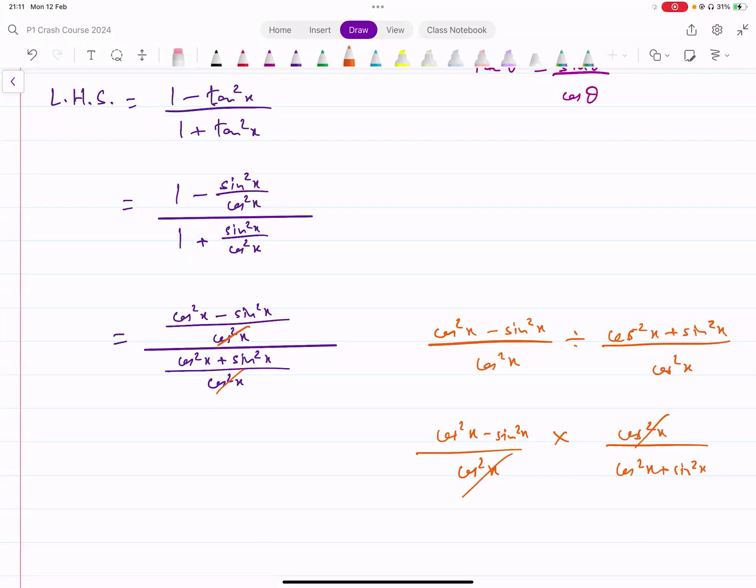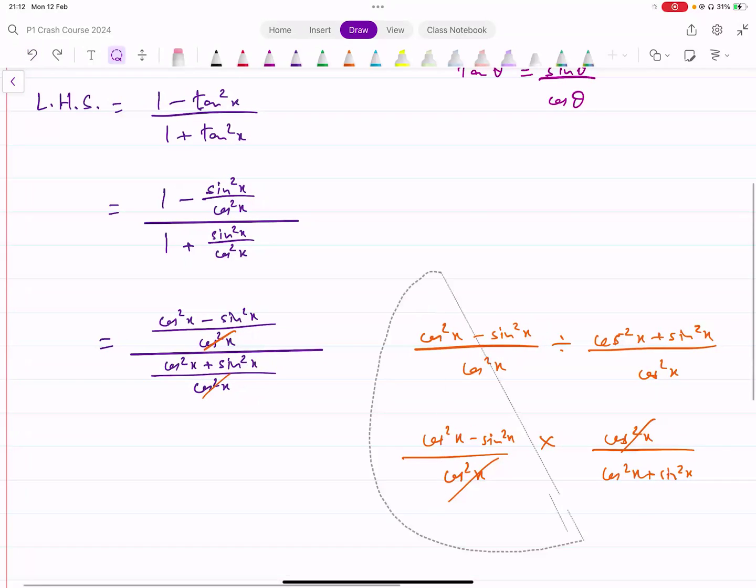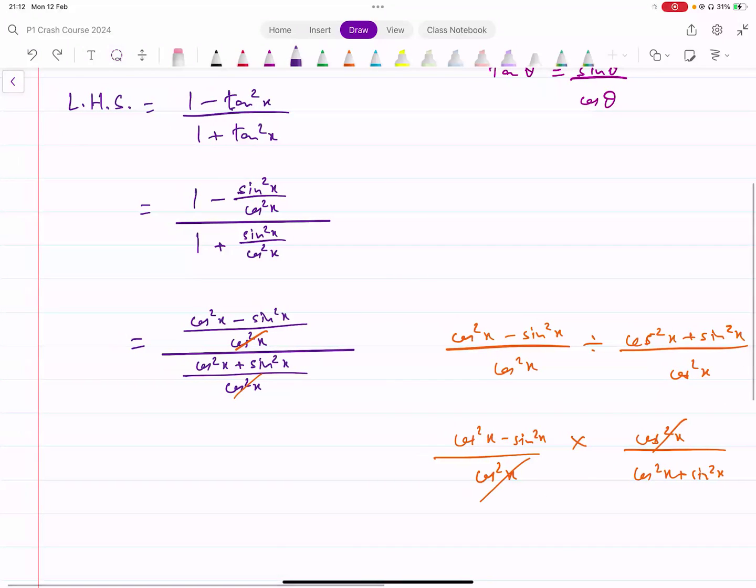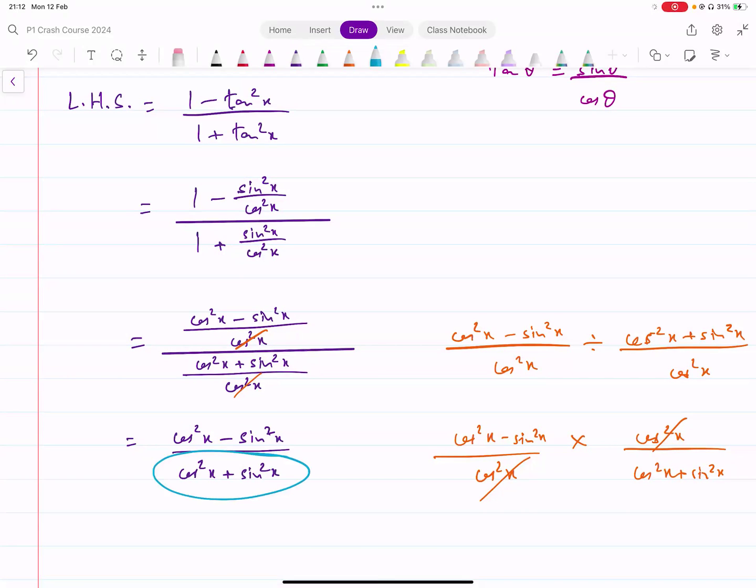So that's why we can just cancel these cos square x out like this. Okay, so this and this, they get cancelled. Now, what are we left with? We're left with cos squared x minus sine squared x divided by cos squared x plus sine squared x. Now, what's this? What's cos squared x plus sine squared x?